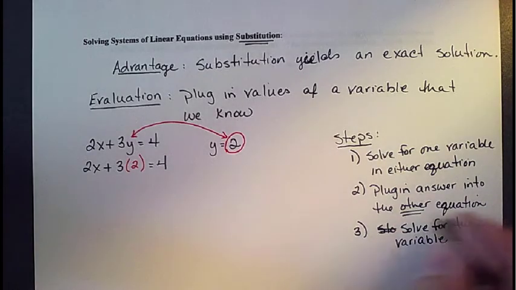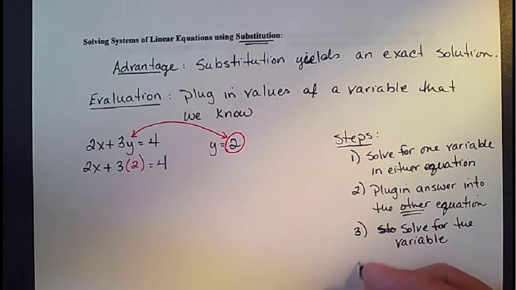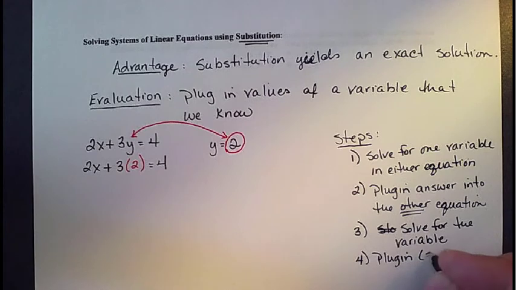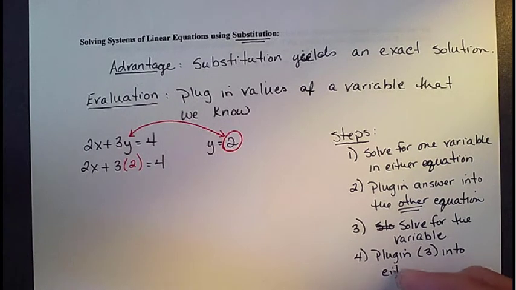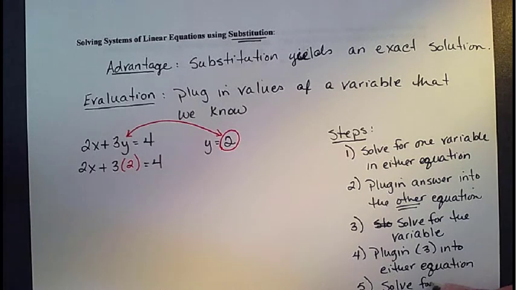So you're going to solve for the variable there, and then you're going to plug that answer. So plug in your step 3. You're going to plug in step 3 into either equation. Okay, and then you're going to solve again. And you're going to solve for that variable.